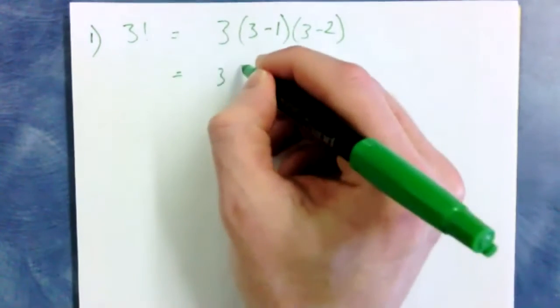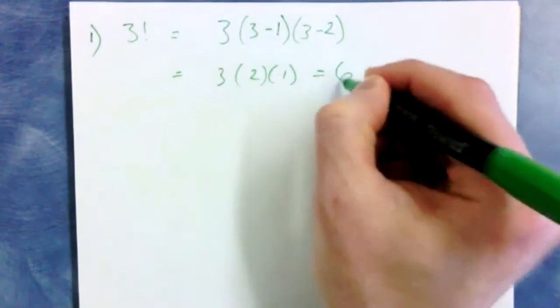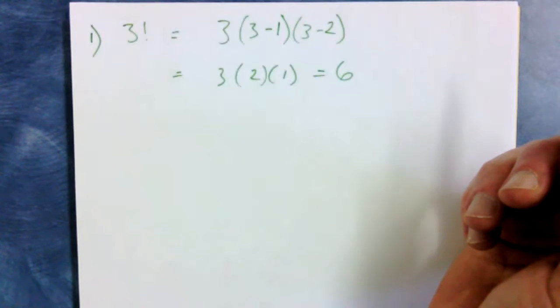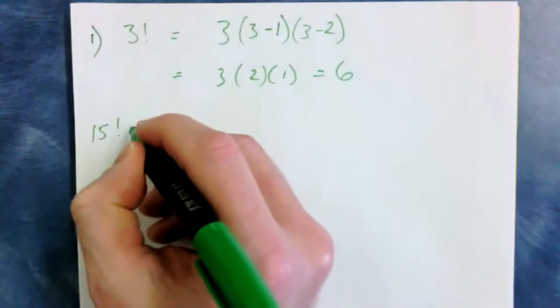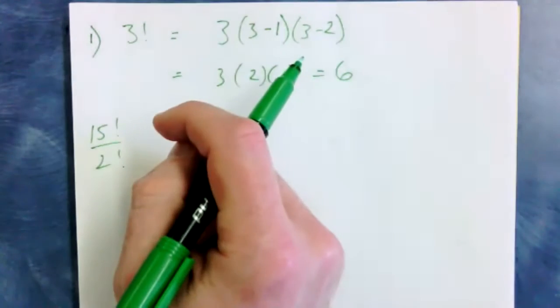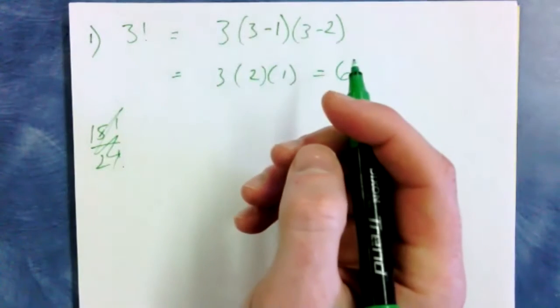So it's 3 times 2 times 1. When you get to 1, you stop. So 3 factorial is 6. There's a very good chance you might have something like 15 factorial over 2 factorial, and I'm not expecting you to do 15 times 14 times and so on.